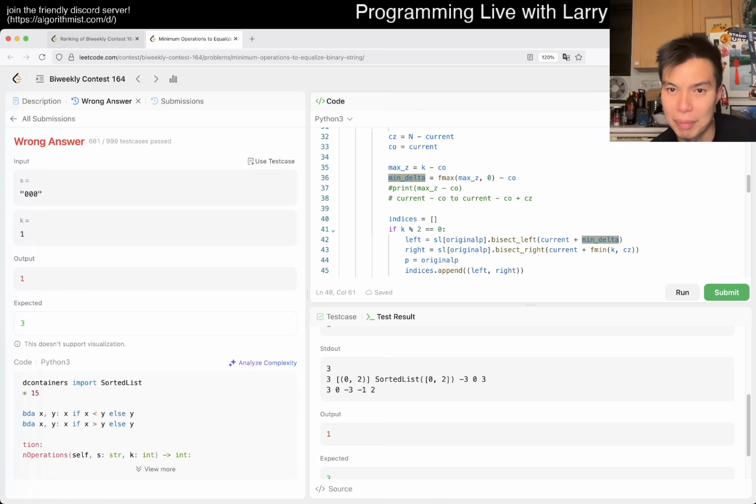So okay, so this is the maximum z, maximum 0 that we can do. So then the min delta would be, why did this, or oops, or what we had before, right?